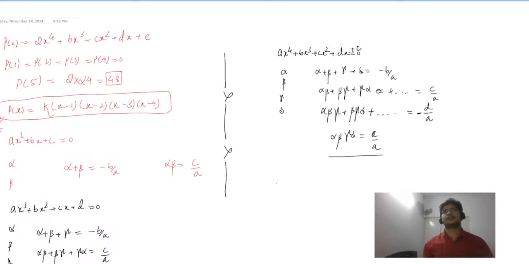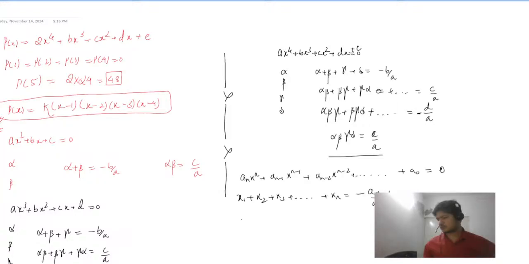Firstly we will write it like this. Suppose the roots are x1, x2, x3, up to xn. Can we write the sum of roots as minus a_(n-1) over a_n? Is it correct? Now if I take two roots at a time, x1x2, x2x3, that will come under a_(n-2) over a_n.